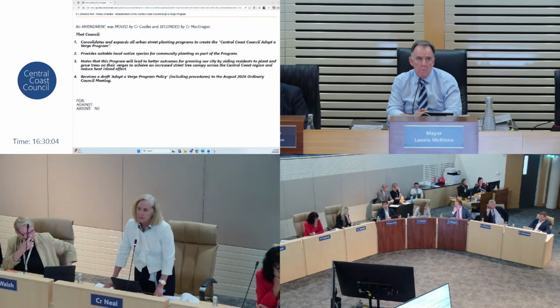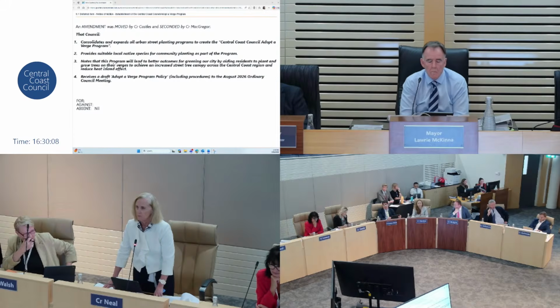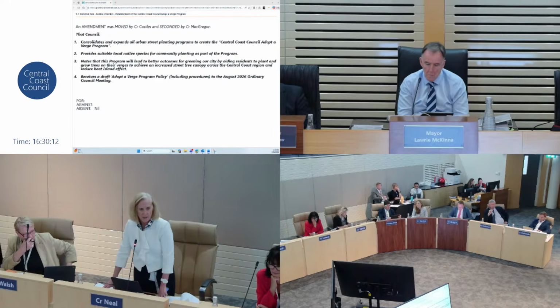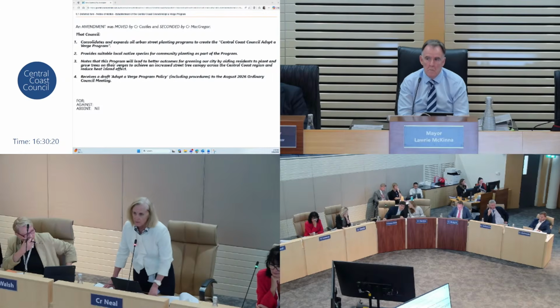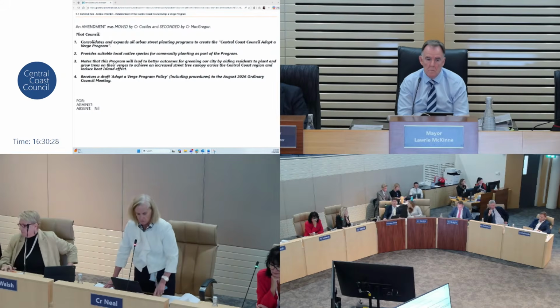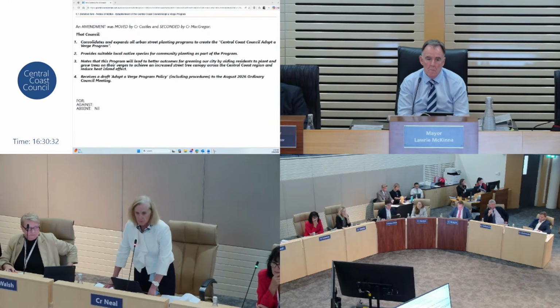This money is needed. There is a problem that has been acknowledged for quite some time, that the community on the peninsula, beyond any other part of the Central Coast community, is affected by a lack of tree canopy. And to take this away, this small fragment of funding that will provide some assistance to this community so adversely affected by their environment, is really quite astonishing.